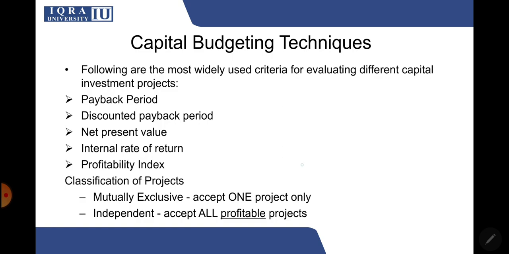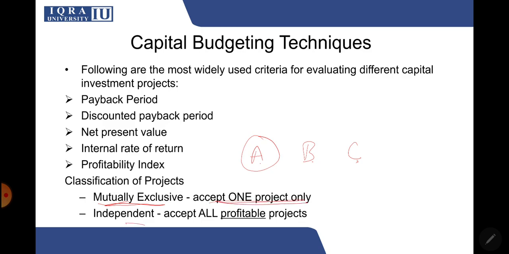So let's say there is a choice between three projects, project A, project B, and project C. If it is mutually exclusive, only one project can be selected. So you can only select maybe A if A is the most profitable one. So only one can be accepted from all of them.